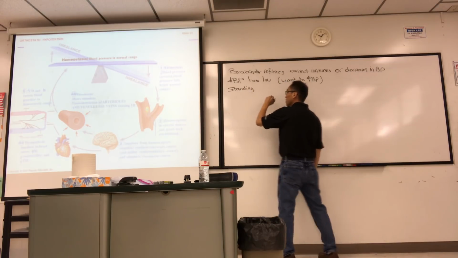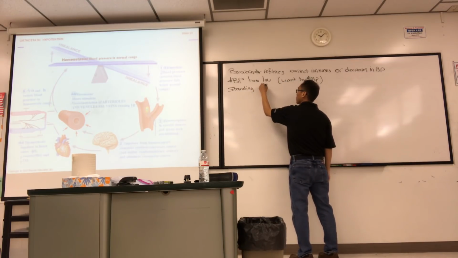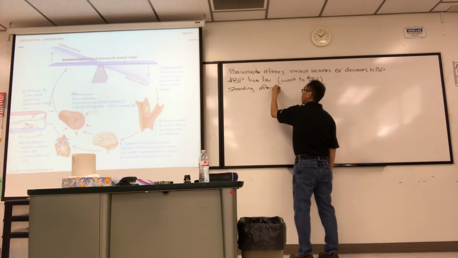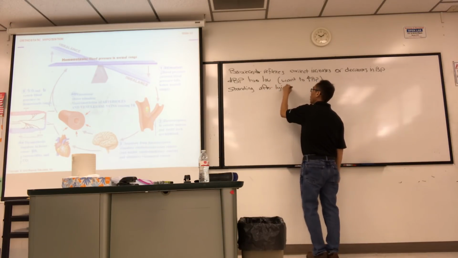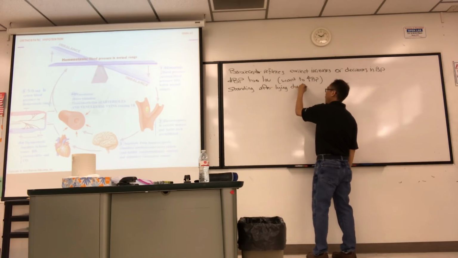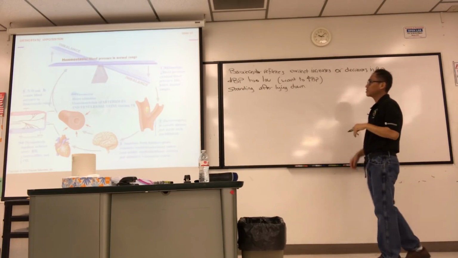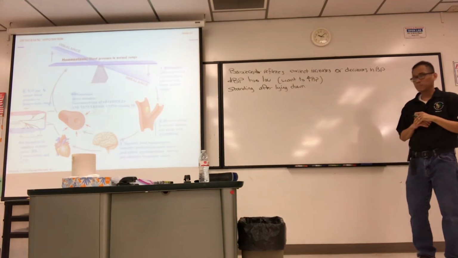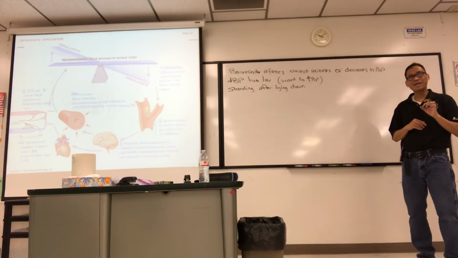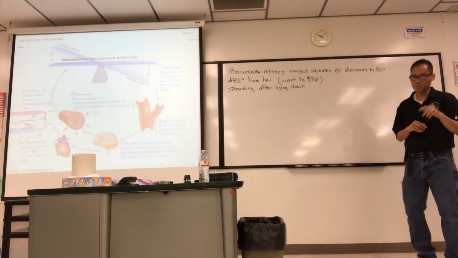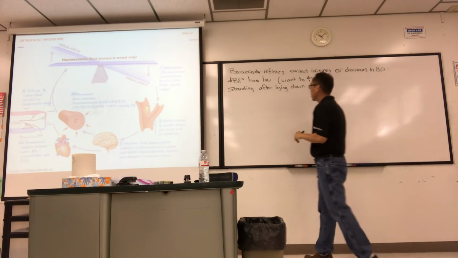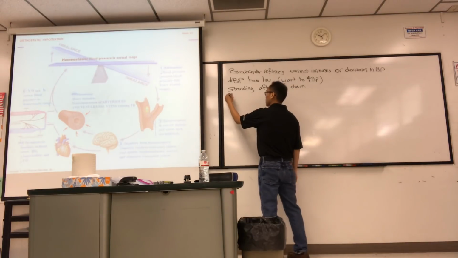That's why I said bring the exercise mat, standing after lying down, supine. And that causes a transient drop in blood pressure called orthostatic hypotension. And that's the term to remember. Standing after lying down. That's the description.